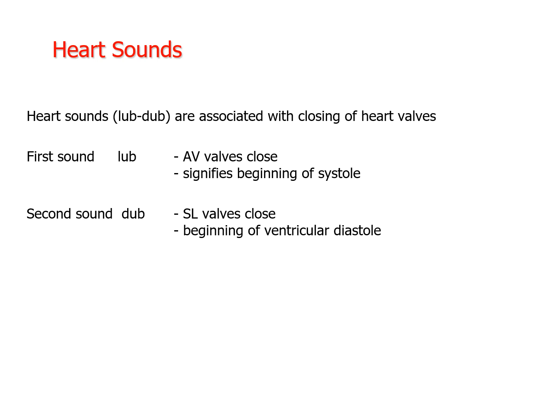That's closing the semilunar valves. That's the second sound. So the AV valves closing is the beginning of systole, and the semilunar valves closing is the beginning of diastole, or relaxation.